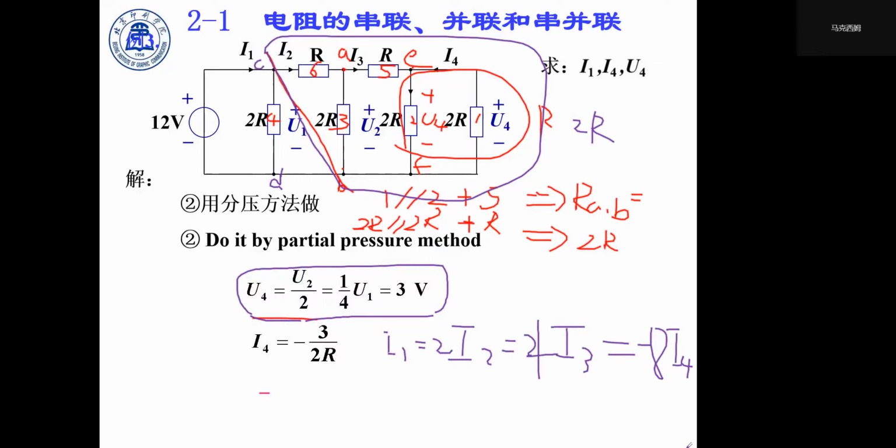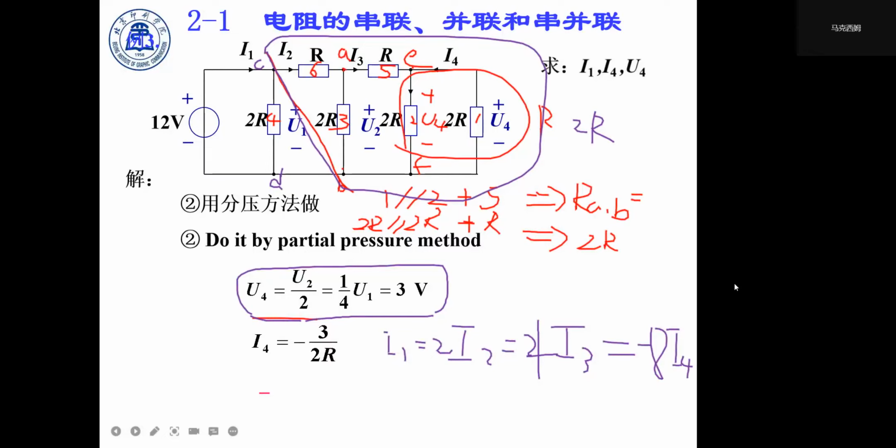So this time, still by using the transformation of the resistor network with the parallel connection and the series connection method, we can calculate the relationship between all the points on each branch and calculate the voltage on each branch.